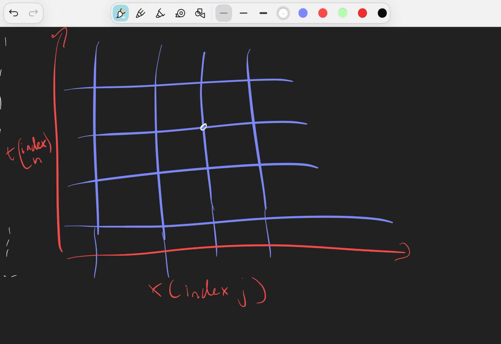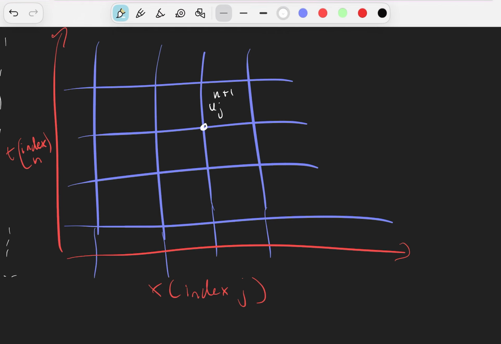All right, and the first thing that's pretty important to understand is the idea. Let's go here. Let's pick a point here that we want to describe. Let's say this is U_j^n, where j is the spatial index, so we can have the lower index as space and the upper index as the increment in time.